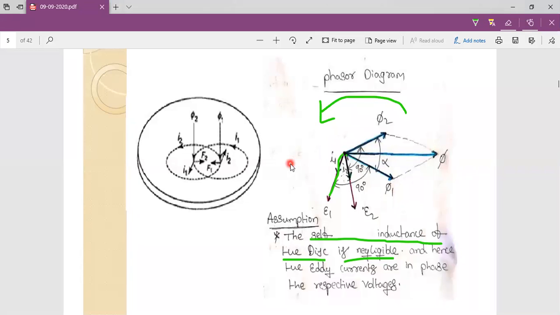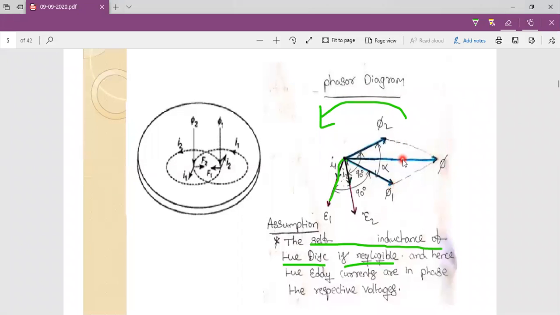So T is directly proportional to I into phi: the first torque is proportional to I1 and phi 2, and the second is proportional to I2 and phi 1. With this knowledge, we are going to derive the torque equation of electromagnetic induction relays.